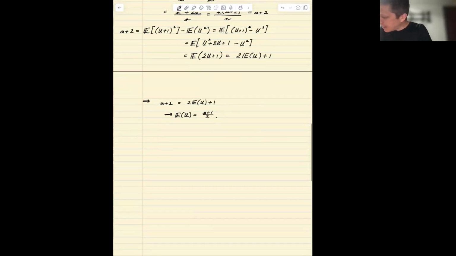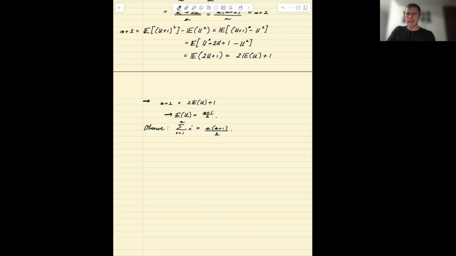Another thing we observe from this is that the sum of the first n integers is n times (n+1)/2, which is a useful identity to know.